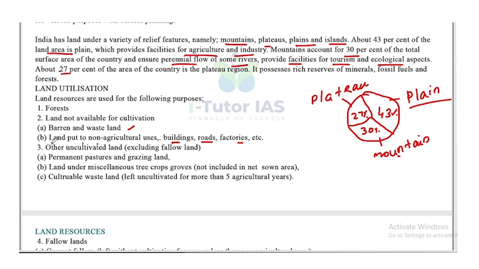Then, the third one, other uncultivated land, excluding fallow land: permanent pastures and grazing land, and land under miscellaneous tree crops, which is not included in net sown area, and cultivable wasteland, that is left uncultivated for more than 5 agricultural years. So these are the land utilization categories.